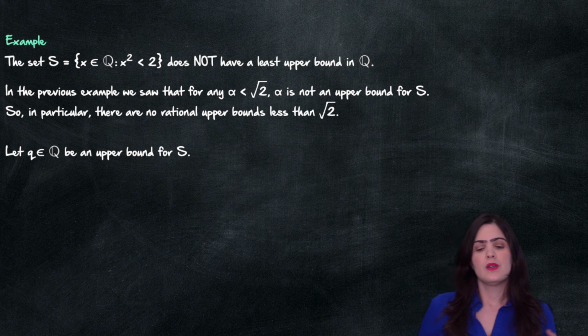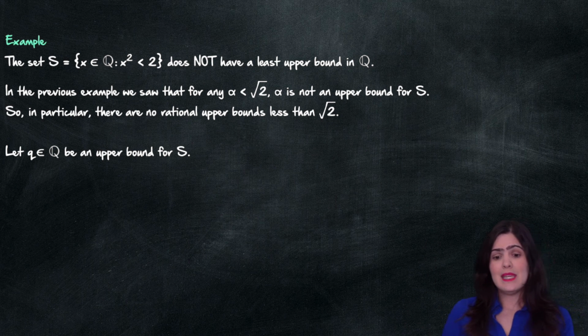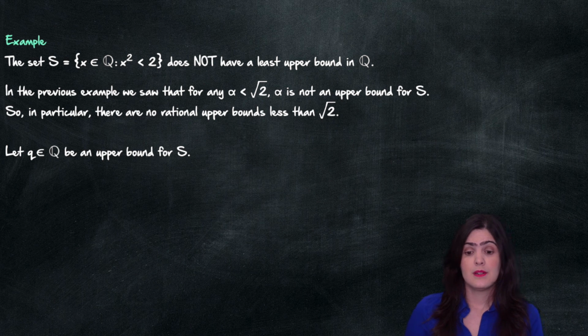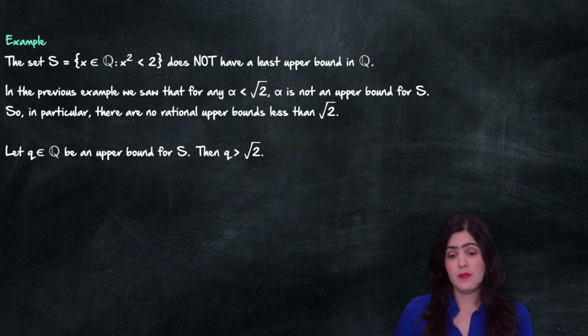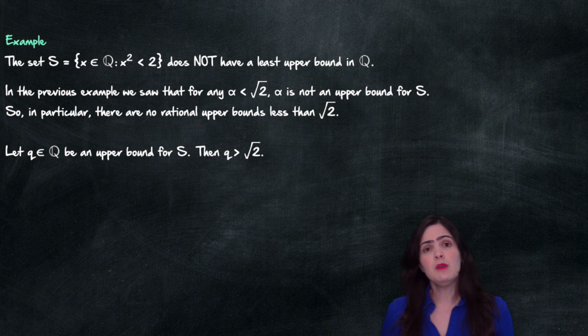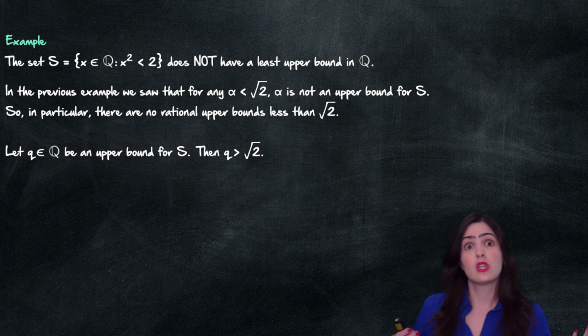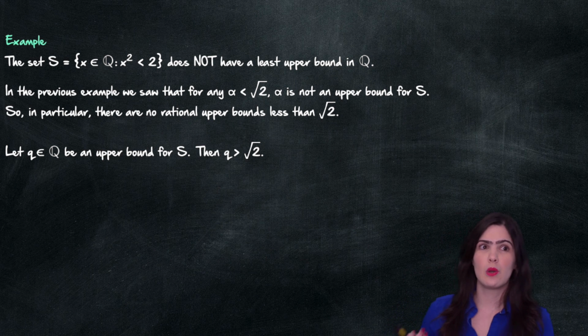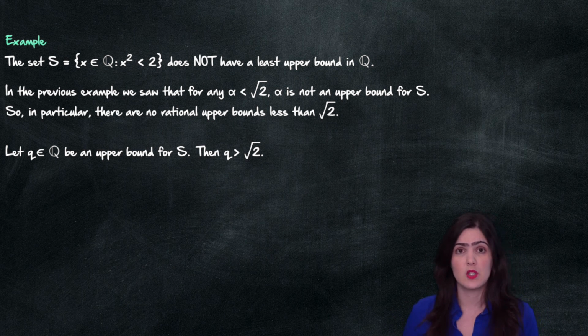Well, so if Q is a rational number that is an upper bound for this set, then Q has to be greater than the square root of 2. It cannot be the square root of 2 because that is not rational, and it cannot be less than the square root of 2 because we already saw that any number less than the square root of 2 cannot be an upper bound.